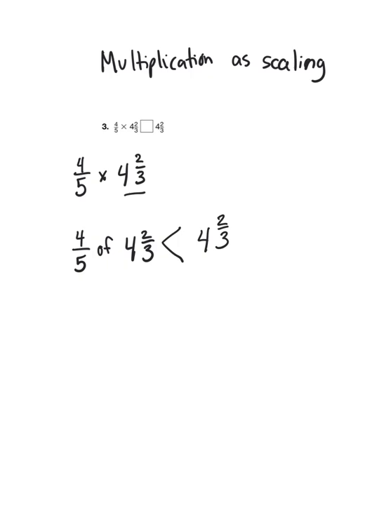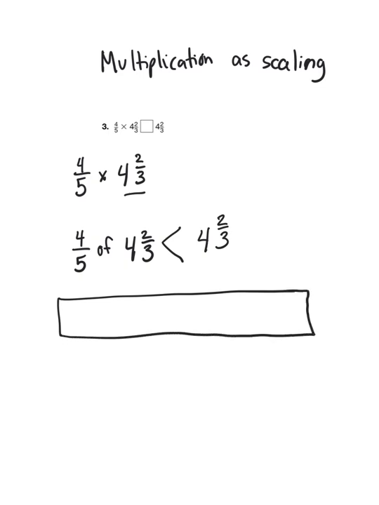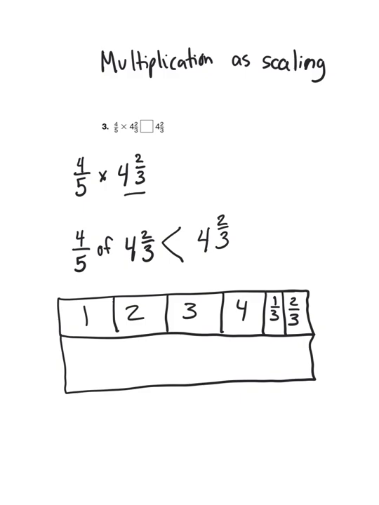So if we represent that with a tape diagram, let's make 4 2/3 first. So here's 1, 2, 3, 4, 1/3 and 2/3. Okay, now we're going to take 4/5 of that. Now this is just estimating.